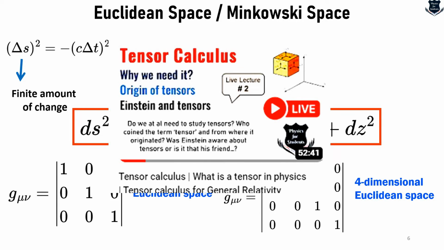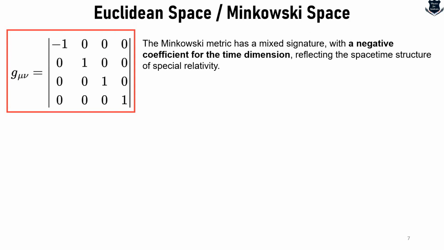But one thing is quite evident from this part of the video right now, that there is a minus c over here, and there is a minus 1 also in the four-dimensional, I would say Minkowski space, which was not there in the Euclidean space. So we already are getting a hint in terms of understanding. What we see is that the Minkowski metric has a mixed signature.